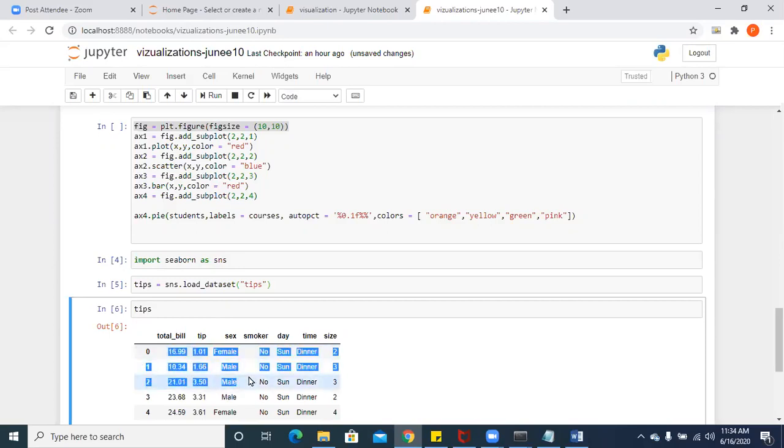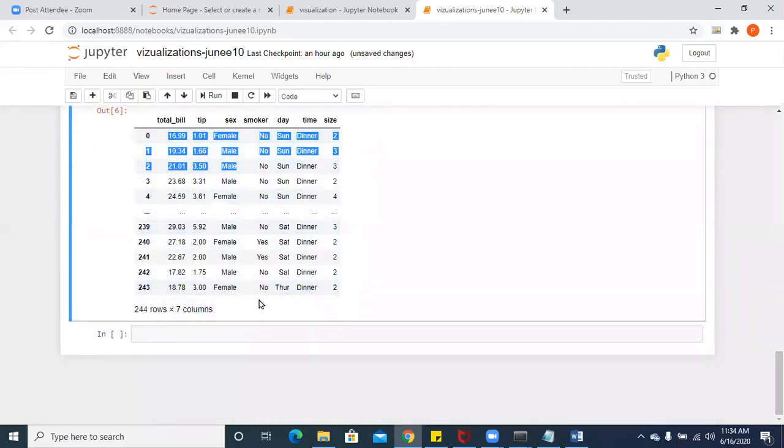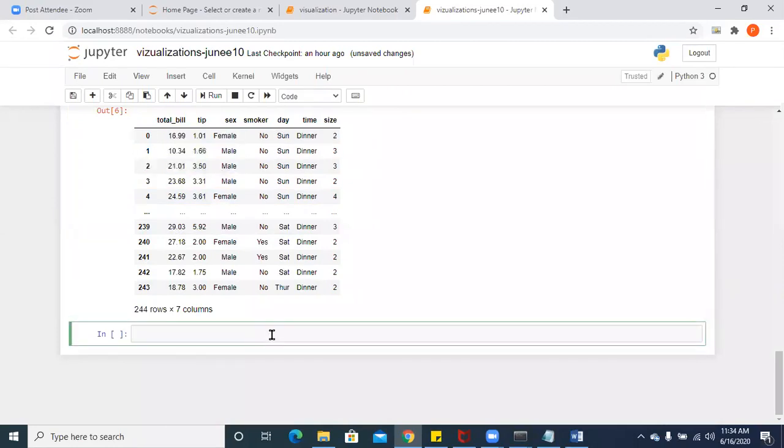So let's see some visualizations on this data set. Likewise, we have a scatter plot in matplotlib, and you also have a scatter plot in Seaborn.